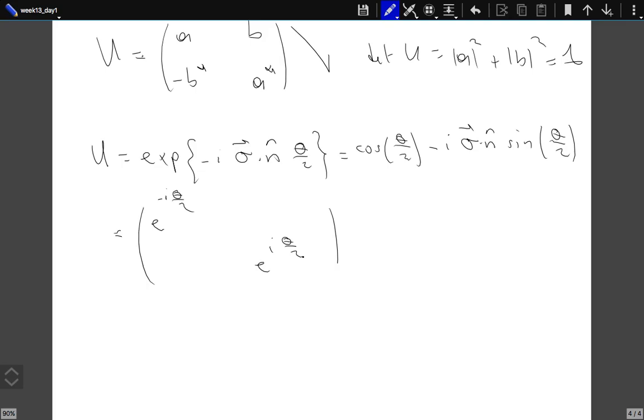Now let me just put in the correct expression. If you just put in the matrices, this is what you would obtain.